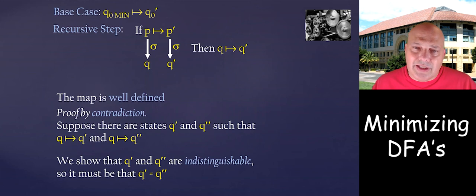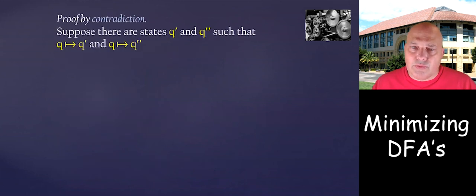They have to be the same because in M prime, we know that M prime is irreducible. There are no indistinguishable states that are different. So again, we assume that q is mapped to q prime and to q double prime, and we need to show that q prime and q double prime are indistinguishable, and that's enough for us. Let's prove that.